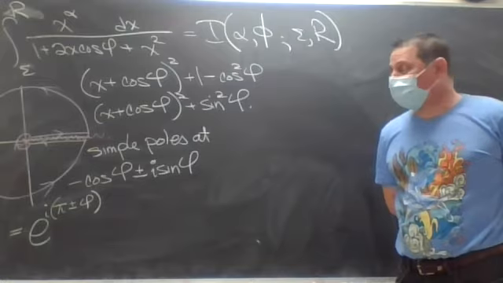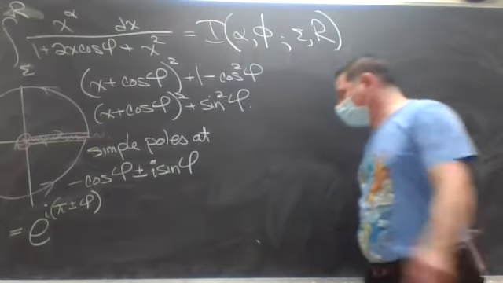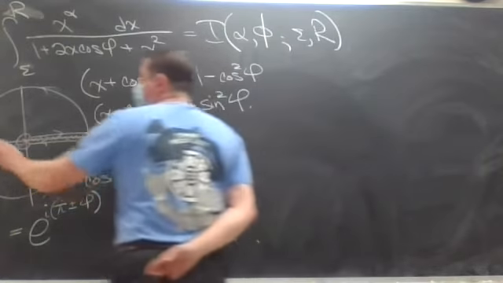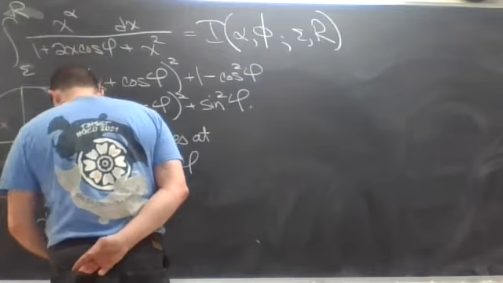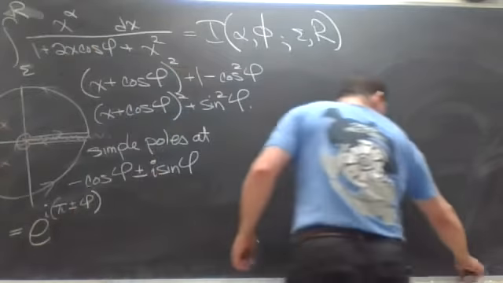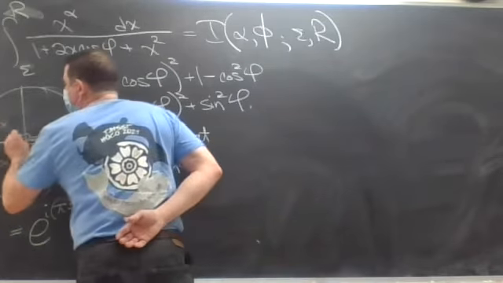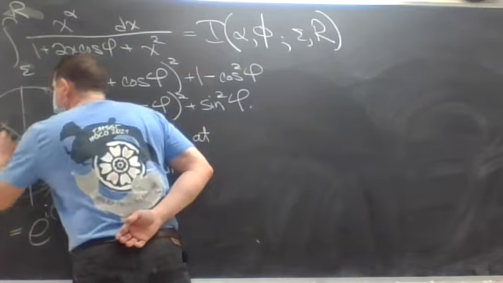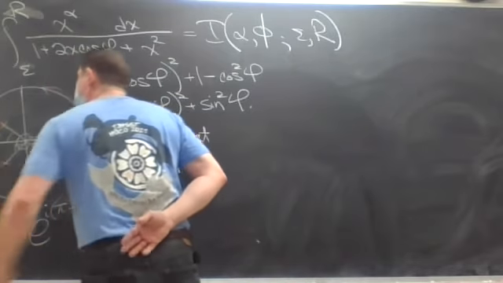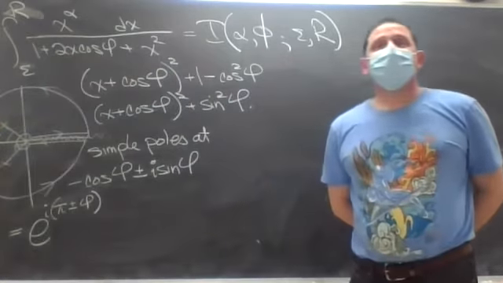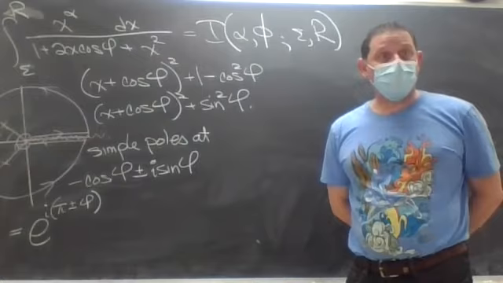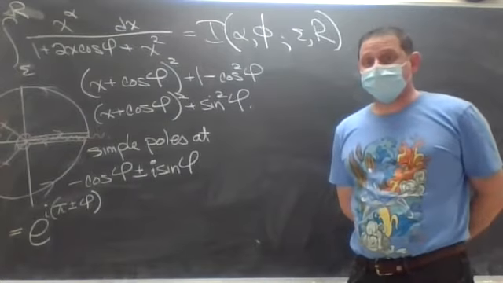So I'm going to have a problem here and a problem there, where this angle is phi. Does that make sense to everybody?